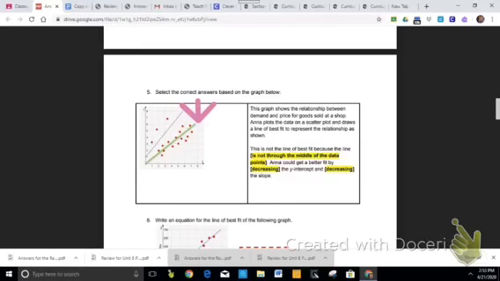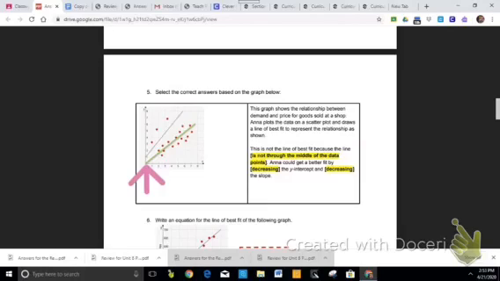How can Anna adjust her line to make it be where the green line is? She would need to decrease the y-intercept. Right now, she's got the y-intercept at 1, but for most of the dots, the y-intercept would be more at the origin or at 0.